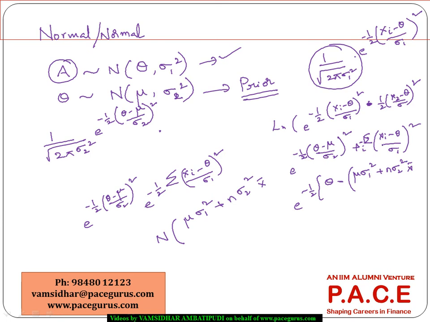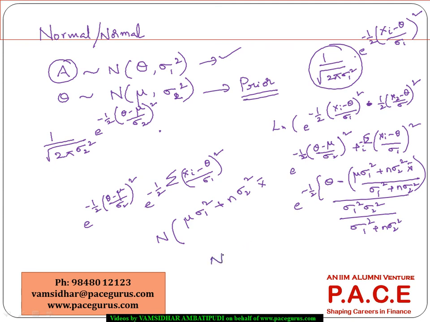So this summation of x i, I am writing it as n times x bar, divided by sigma 1 squared plus n sigma 2 squared, right, because sigma 1 squared, if I am multiplying n times, it is becoming n sigma 1 squared. So this divided by sigma 1 squared, sigma 2 squared divided by sigma 1 squared plus n sigma 2 squared.